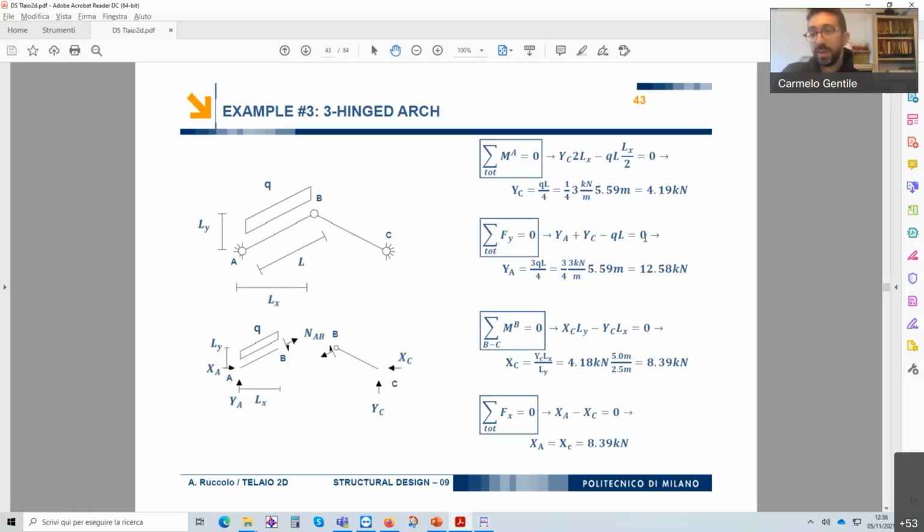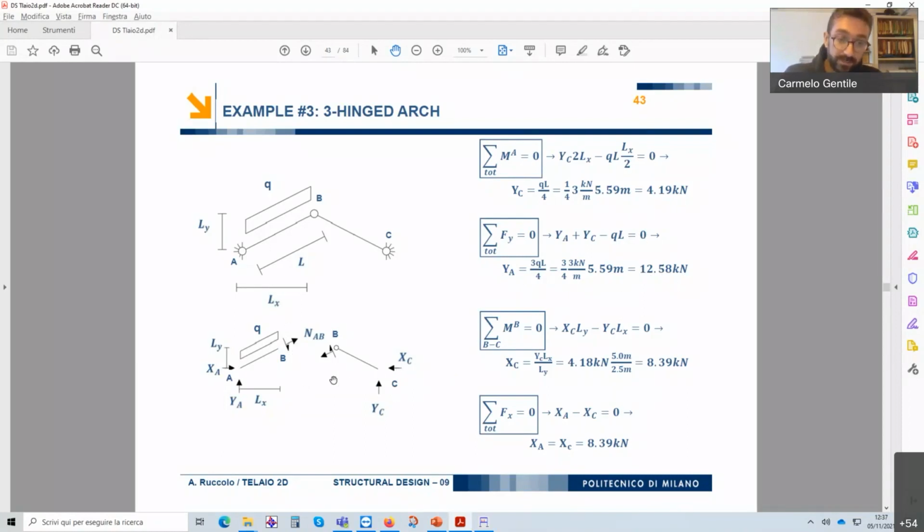All these terms summed up with the right sign are equal to 0. So we find the value of Ya, which is 12.6 kilonewton. So as we expected, Ya is way bigger than Yc. If we had found the other way around, maybe we could go back and check our computation.